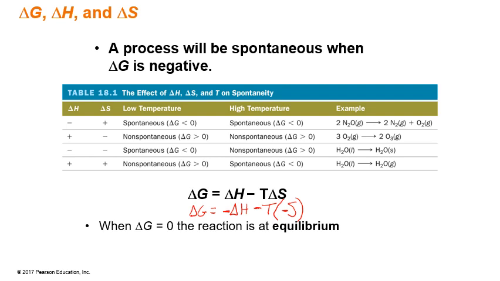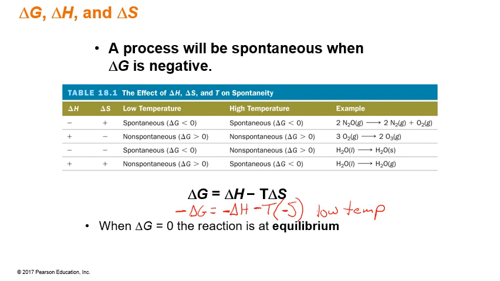If the temperature is low, that means that T times delta S is going to be small compared to our delta H. In that case, at a low temperature, our delta G is negative and it's spontaneous.